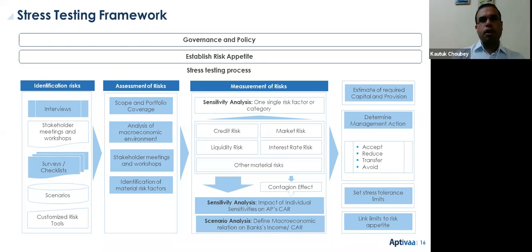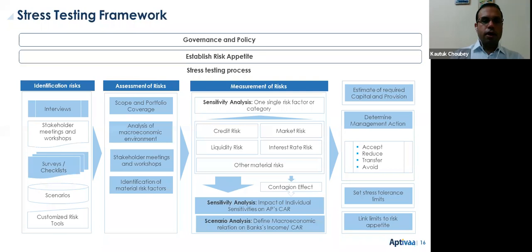So for example, the bank may decide to undertake a climate risk based scenario, whereas the other bank may be more inclined to not take it, but would be undertaking an IT or a cyber risk scenario, because it's more towards the side of digital lending or maybe a new generation bank.